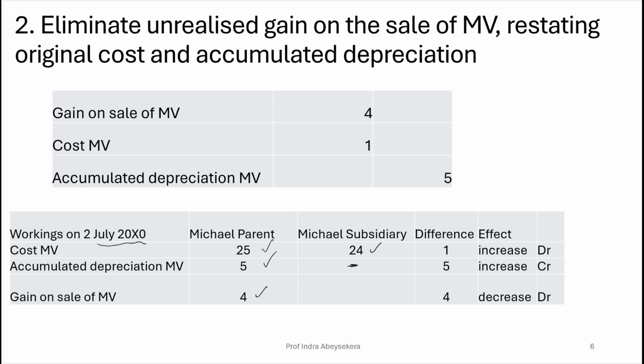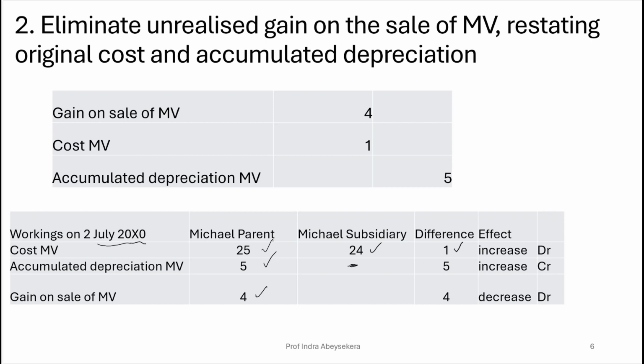So if we look at these entries, to restate the original entry, we must now increase the cost of the motor vehicle by $1,000 because it's now recorded as $24,000.